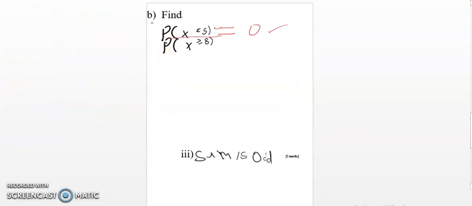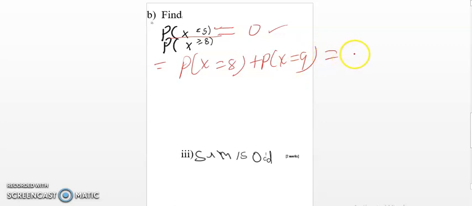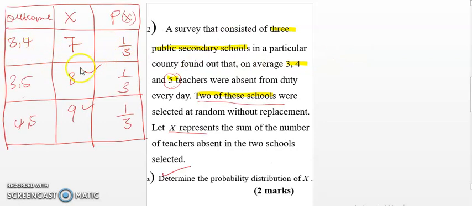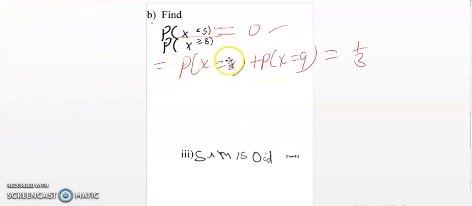The solution would be the probability when x is equal to 8 plus the probability when x is equal to 9. When x is 8, it is simply 1/3, and when it is 9, it is also 1/3. Therefore our solution will be 1/3 plus 1/3. This will give us 2/3.